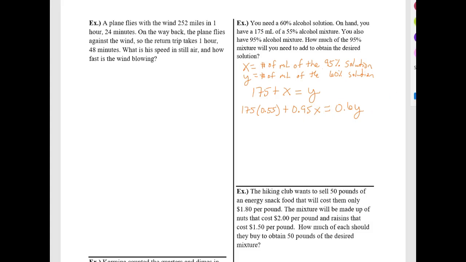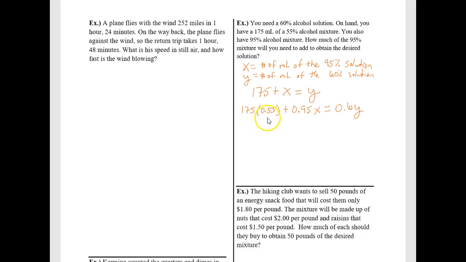We can solve it. We can use elimination or substitution. In this case, it's already solved for y here: y equals 175 plus x. It's already set up for substitution, so I don't need to do any work with that. I'm going to go ahead and use substitution.